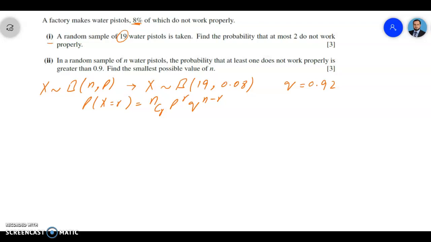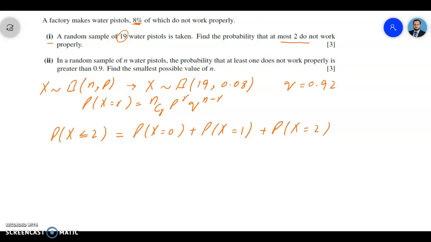In the first part, it says find the probability that at most 2 do not work. So at most means probability of x less than or equal to 2. We need the probability at x equal to 0, x equal to 1, and x equal to 2.